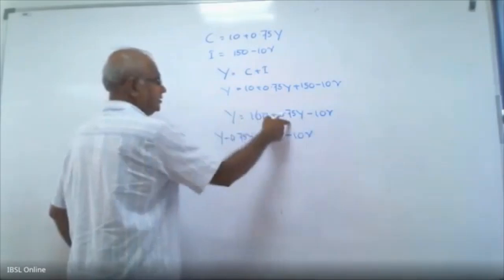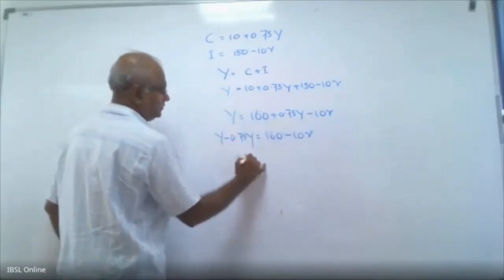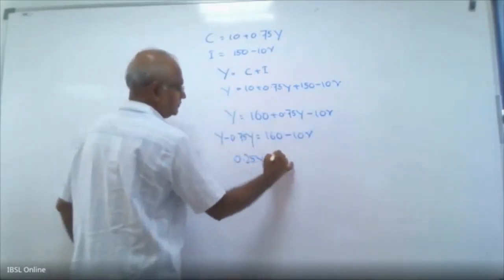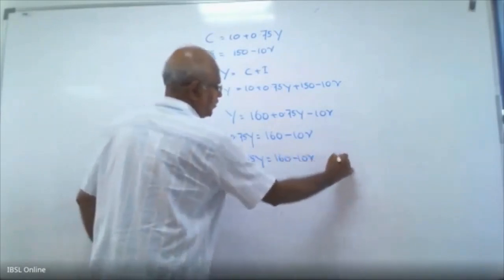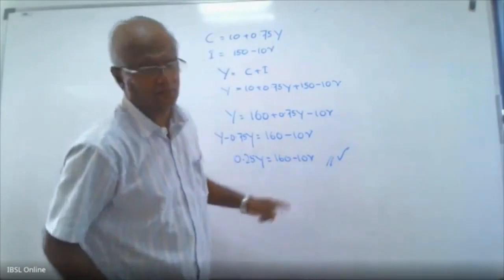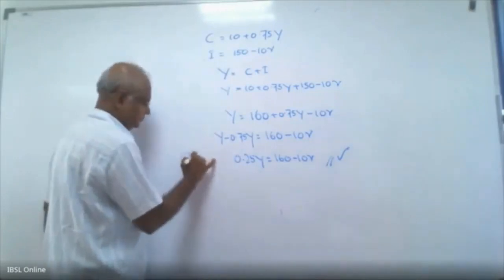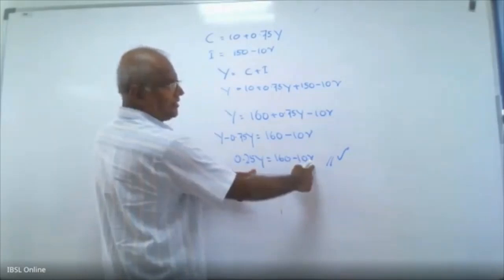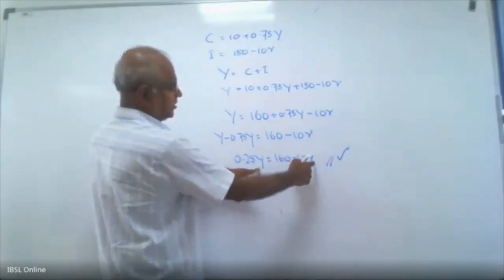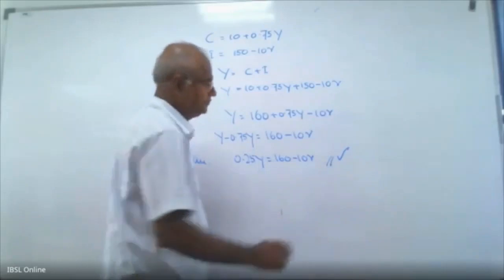Take this side: 0.25Y equals 160 minus 10R. This is perfectly correct. This is the IS curve, the relationship between income and interest rate. There is a negative relationship between income and interest rate.